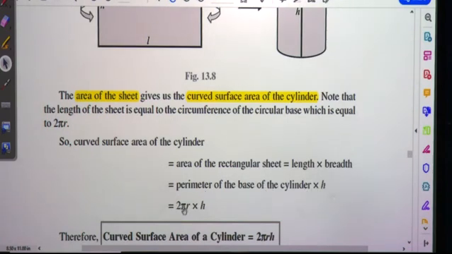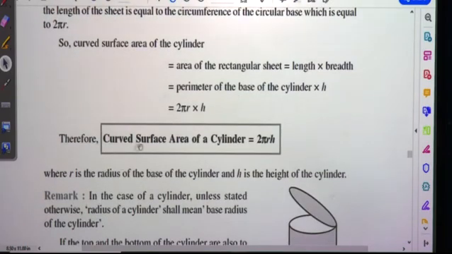Perimeter is 2 pi r, into h. Therefore, curved surface area of a cylinder is equal to 2 pi r h.